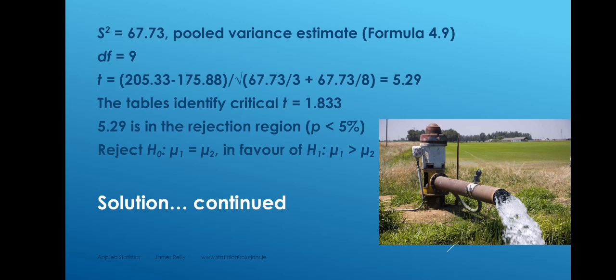Our calculated value of t is 5.29, which is more extreme than 1.833. So the calculated value, 5.29, is in the rejection region. The p-value is less than 5%, the data assert that the means are not equal, and rather mu1 is greater than mu2. In other words, the effluent measurements are lower, which is what we want to be the case.